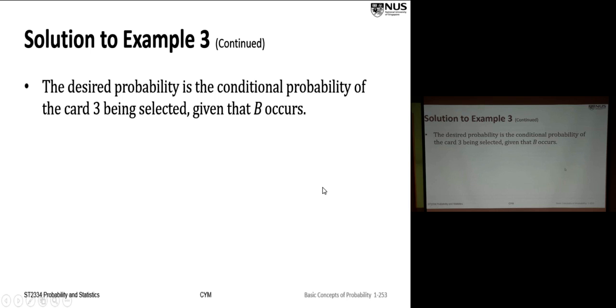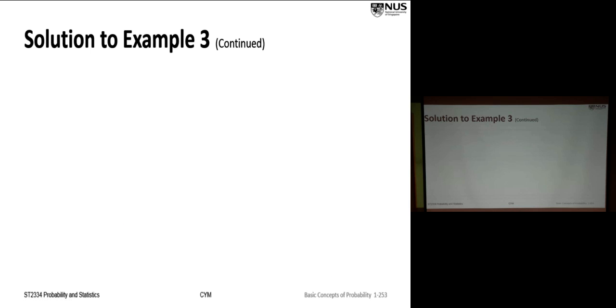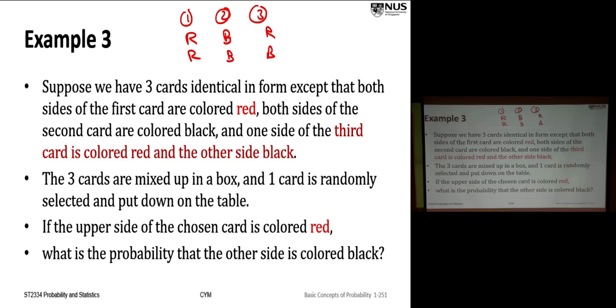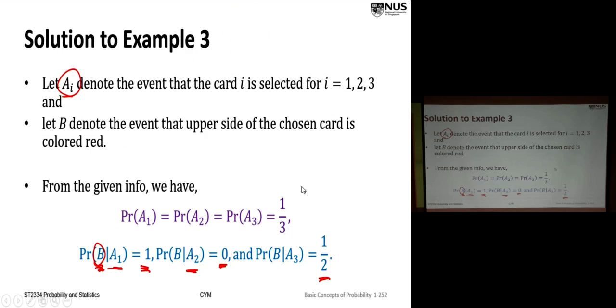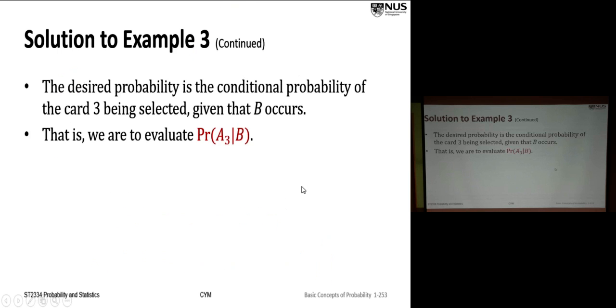So given that B has occurred, so given that the upper side is red, what is the chance that it is from the third card?